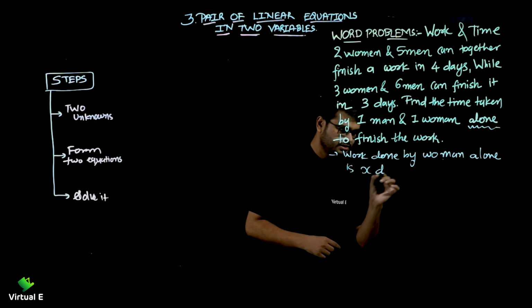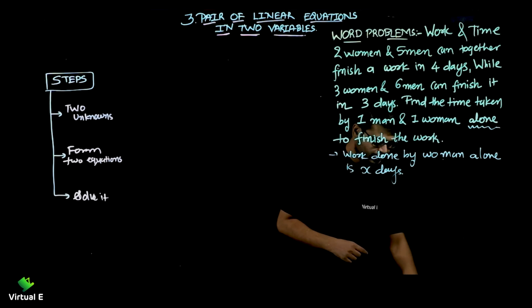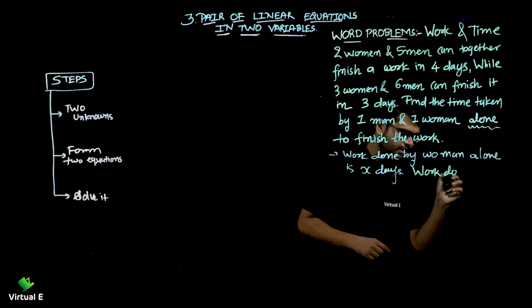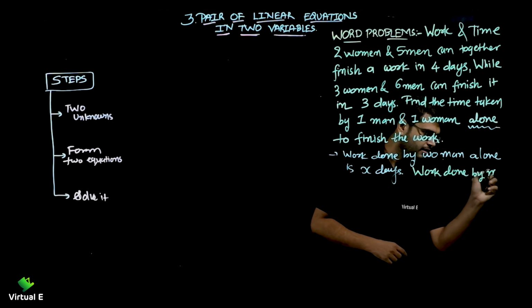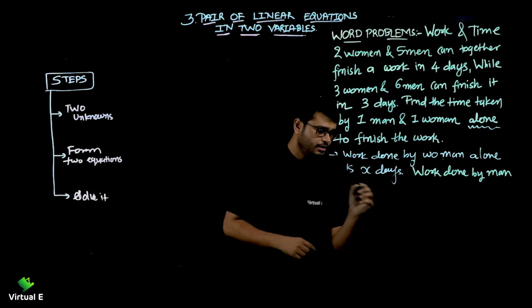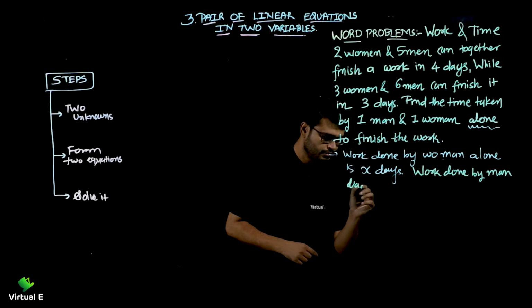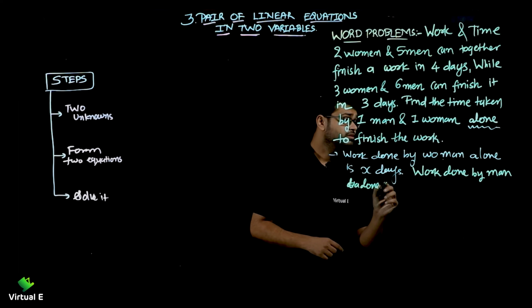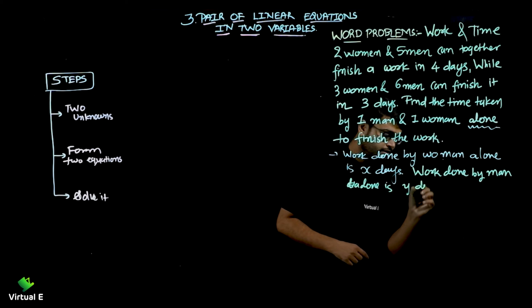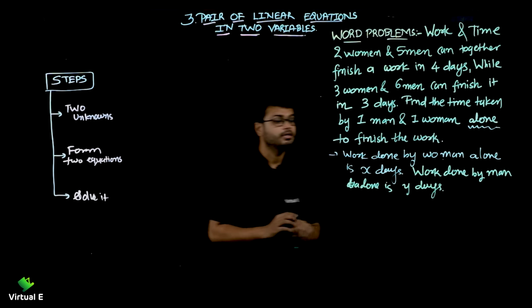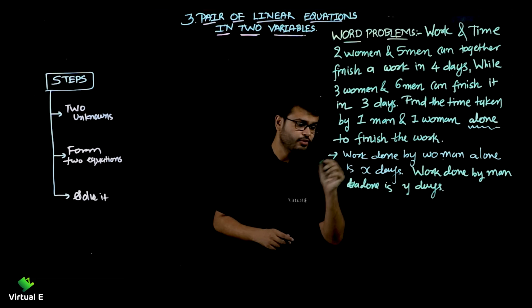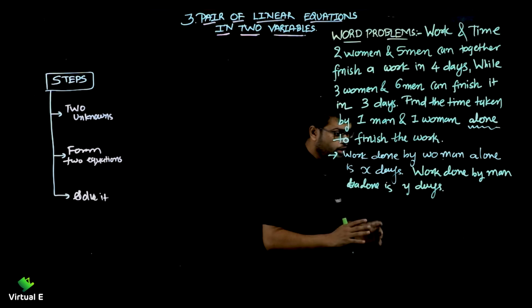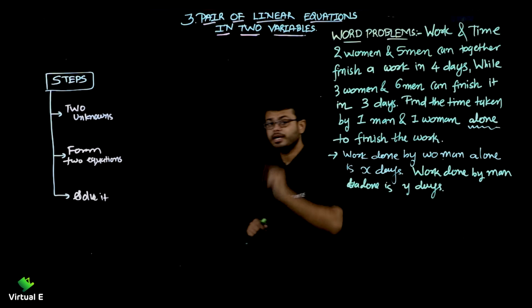And the time taken by a man alone is y days, right? So this is our starting point. Now we want to find how much work is done in 1 day.